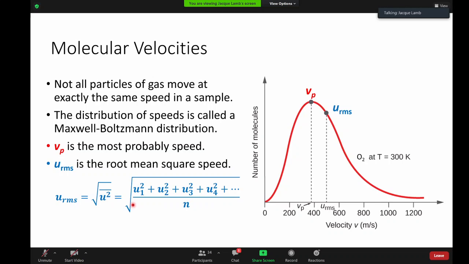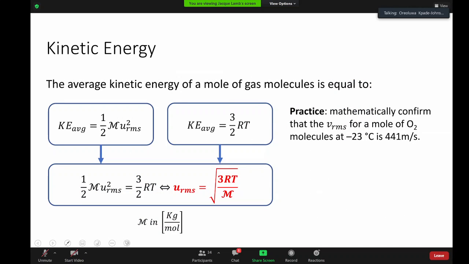You square it to get rid of the vector nature of that quantity, and then divide by the number of particles. And that gives you the average velocity in that sample, but we call it the root mean square speed because we square it first. Professor? Yes. So the U is velocity?